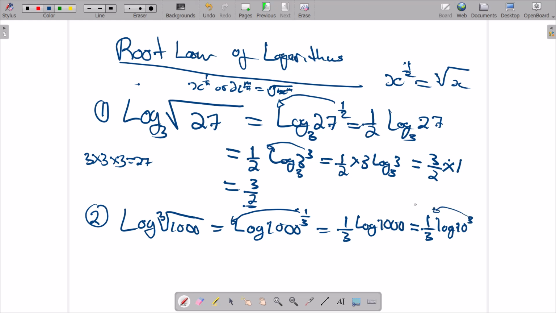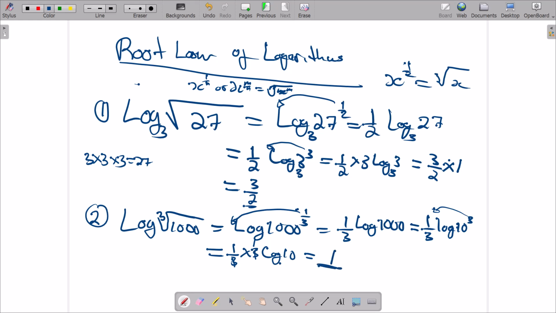So we do the same by pushing this power to the front. So we have 1 over 3 times 3 log 10. And like I said, if there's no base, it is base 10. So log 10 base 10 is 1. So we simplify, cancel, and we get 1. So our final answer will be 1.